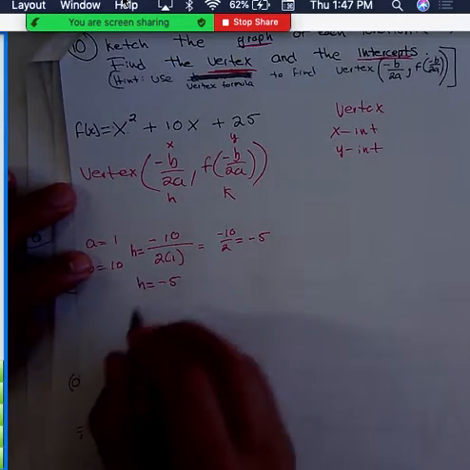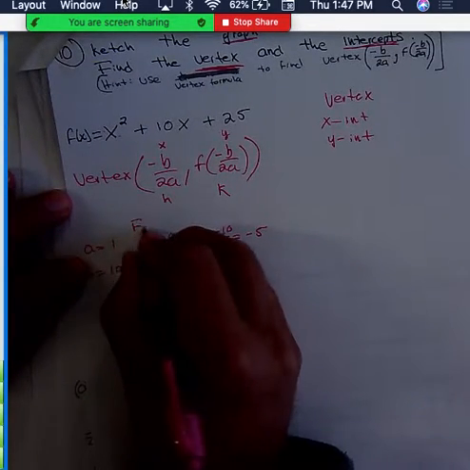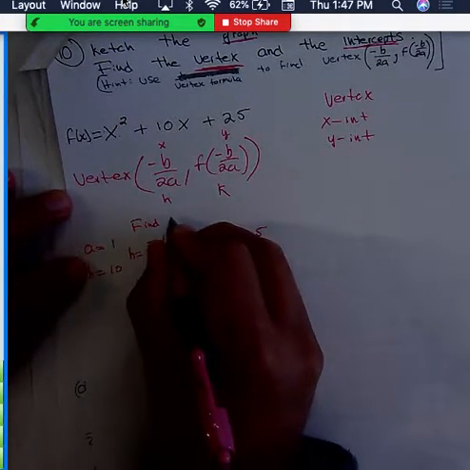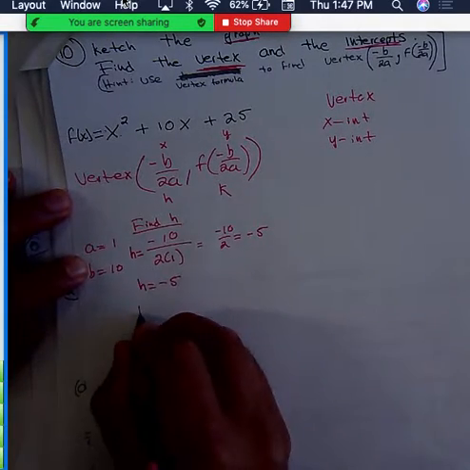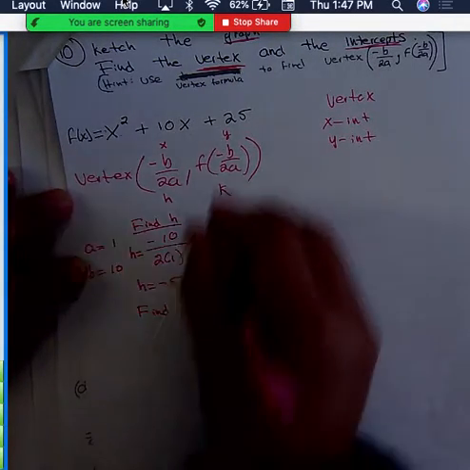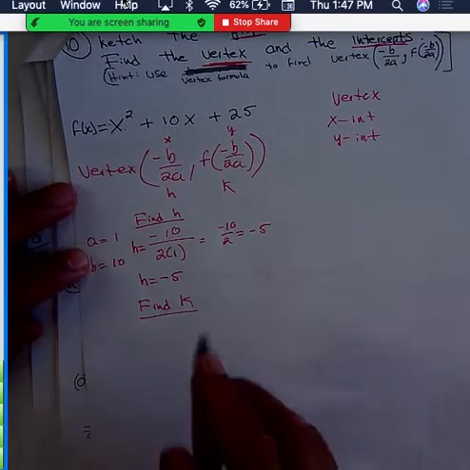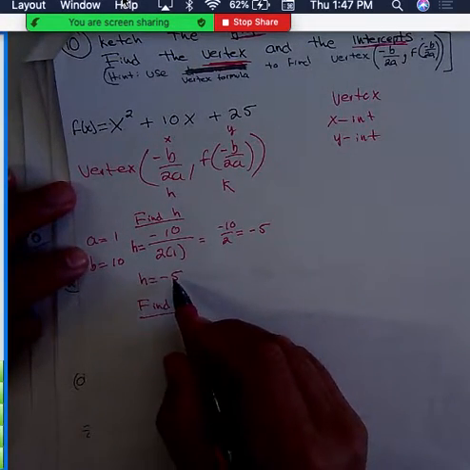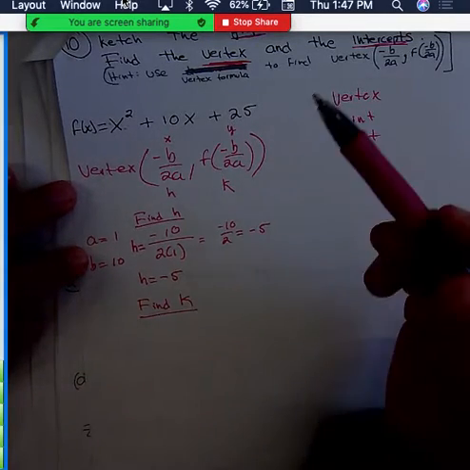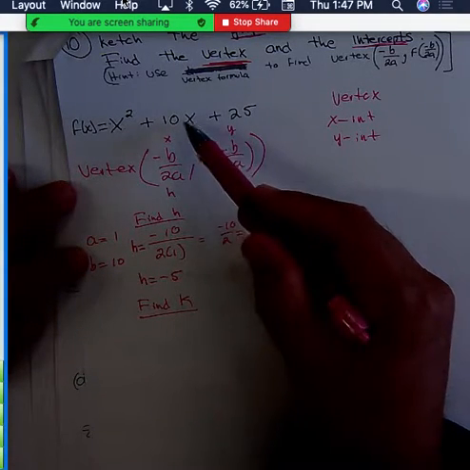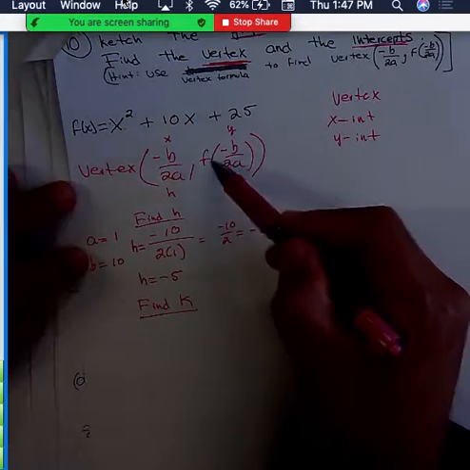Now we're gonna find k. So how do we find k? Well, we need to substitute this h into the original equation, into that function.